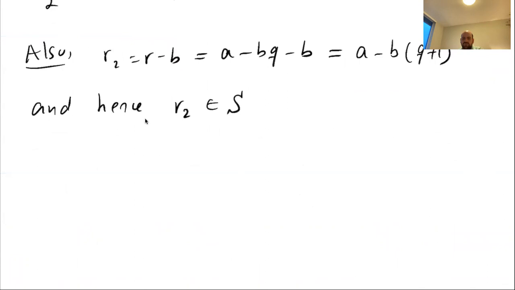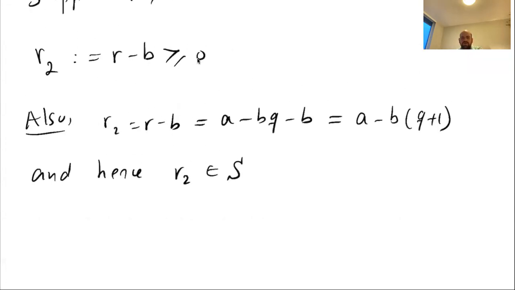R2 is of the form A minus BM. It's A minus B times Q plus 1. So my M here is Q plus 1, and Q plus 1 is an integer. And R2 is non-negative. Any number which is of the form A minus BM and is non-negative, according to the definition of S, belongs to S. So I can say R2 belongs to S.